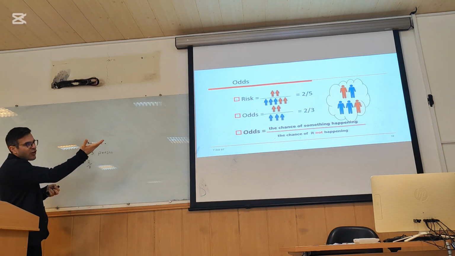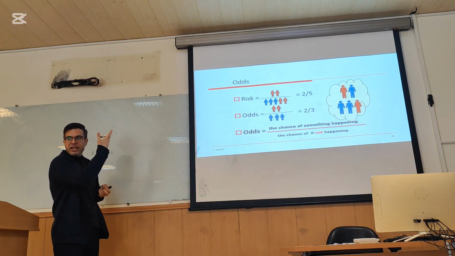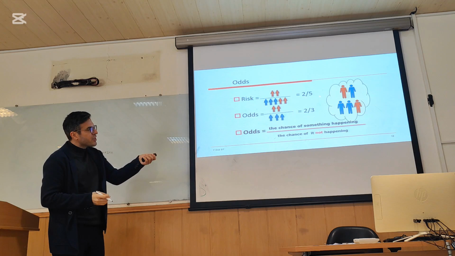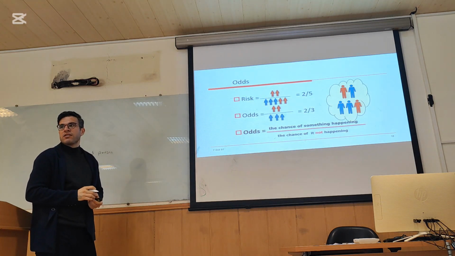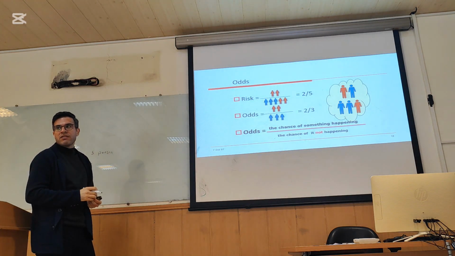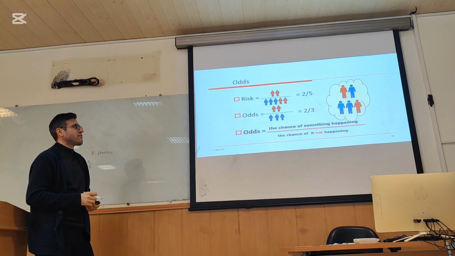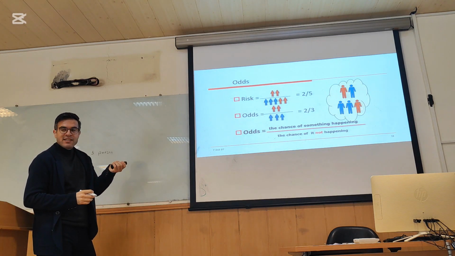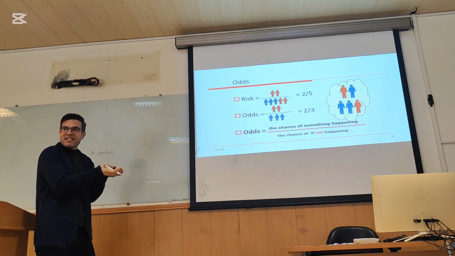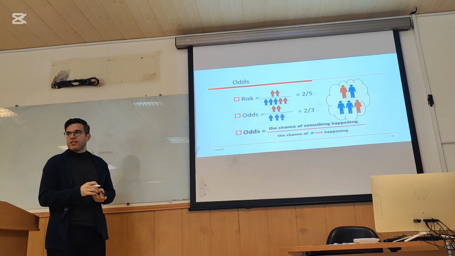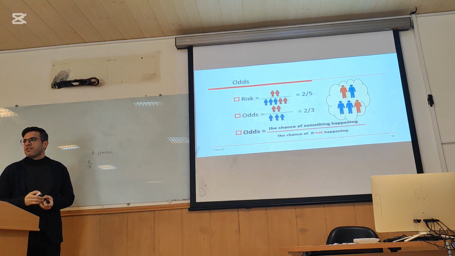What is the risk of disease in this population? 2 persons are diseased, so 2 divided by 5.